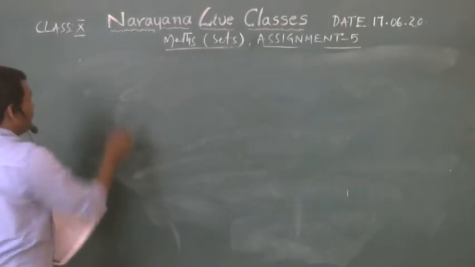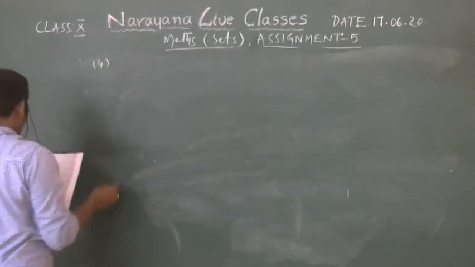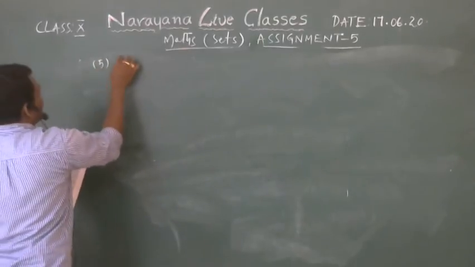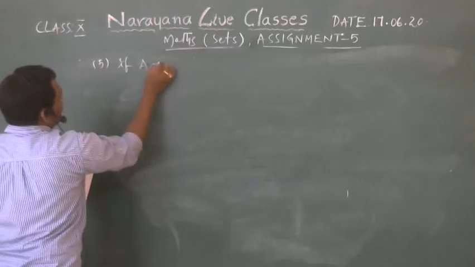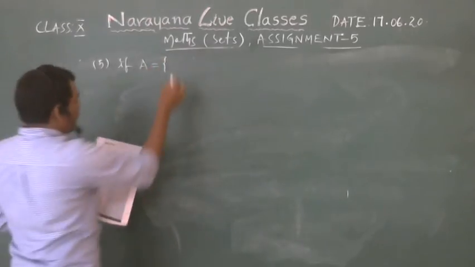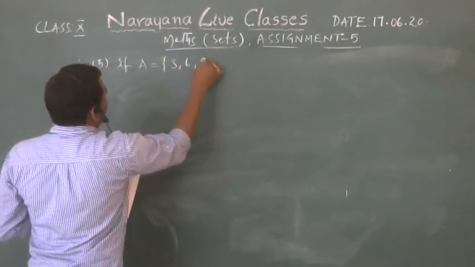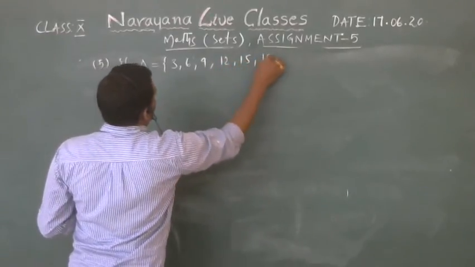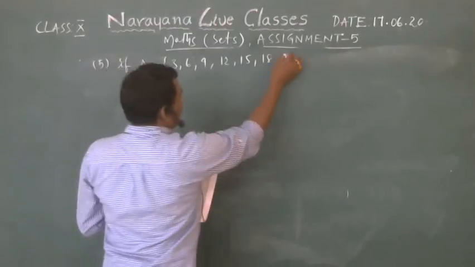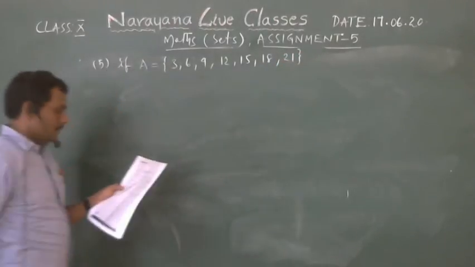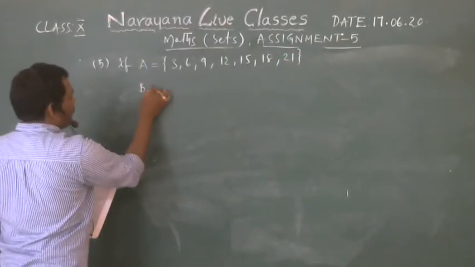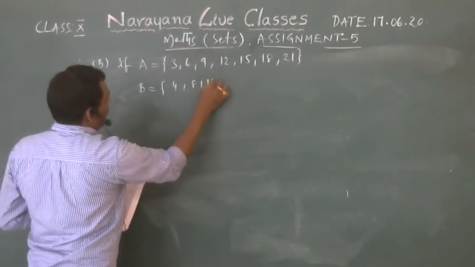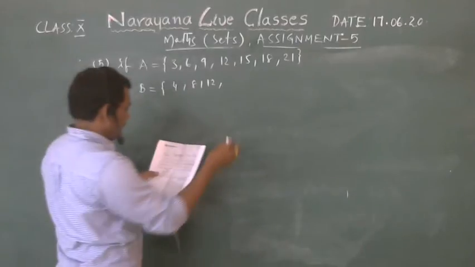Next question, fifth one. If A is equal to the set {3, 6, 9, 12, 15, 18, 21}. Set B is equal to the set {4, 8, 12, 16, 20}.